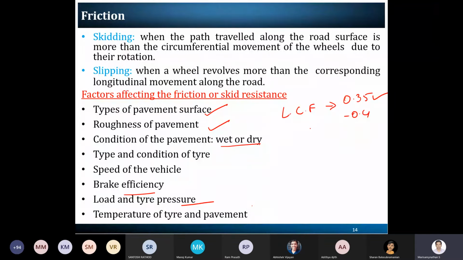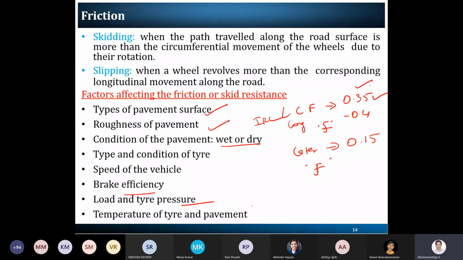At the same time, when it comes to the lateral, the IRC recommends a coefficient of 0.15. This is the friction value, we can say f. This is the notation we use to refer to the coefficient of friction.